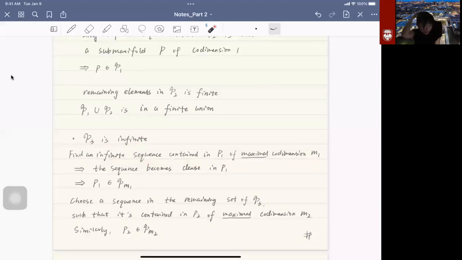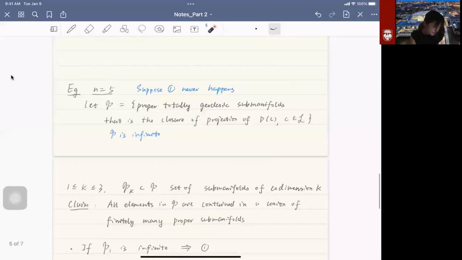And the purpose for doing that is that, due to this maximality, there's no intermediate submanifold between the sequence and P1.